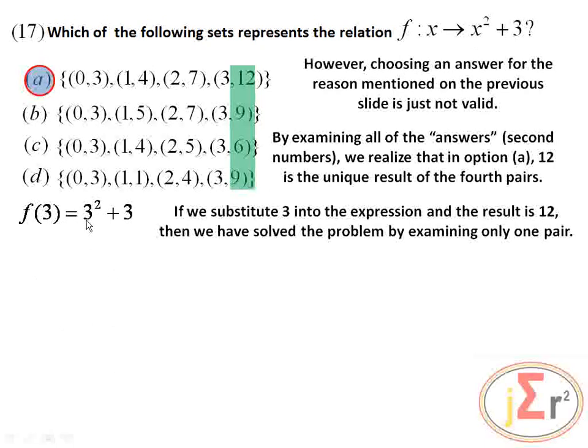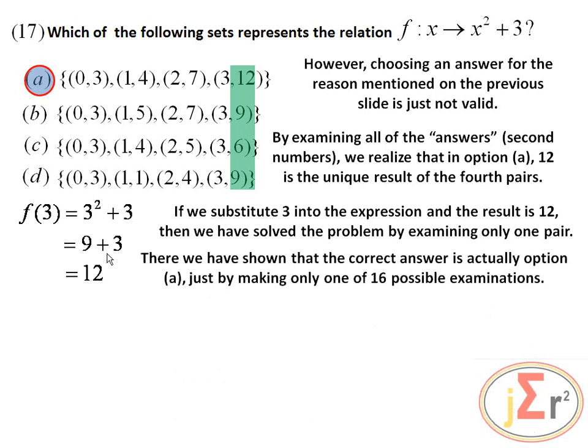And when we work that out, 3 squared is 9, so 9 plus 3 is equal to 12. And there we have it. So there we have shown that the correct answer is actually option A, just by examining only one of 16 possible pairs. So by just examining a single pair, we have discovered that the answer is A.